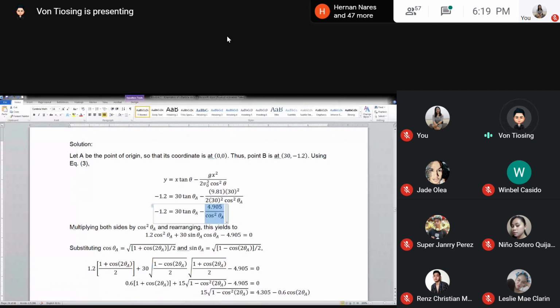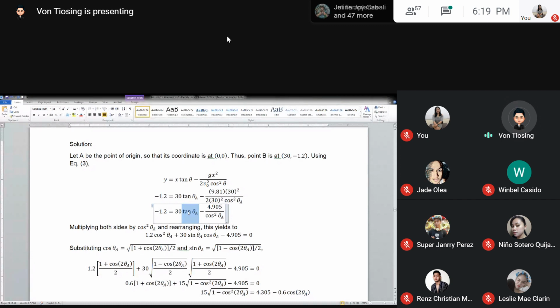Okay. If you multiply both sides by cosine squared theta A and rearranging, lahat ililipat mo sa left side, no? So, if you multiply the cosine squared theta A, so ito siya. If you multiply 30 tangent of theta A sa cosine squared of theta A, take note that tangent is sine over cosine.